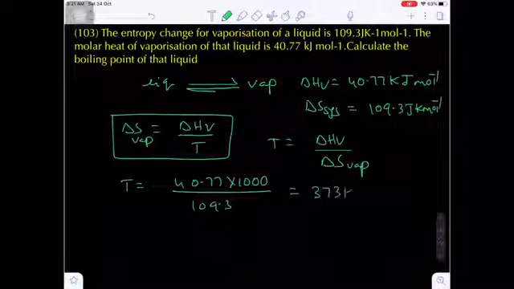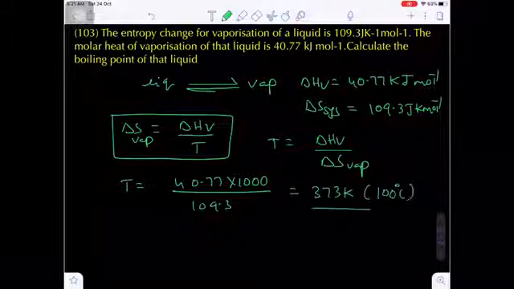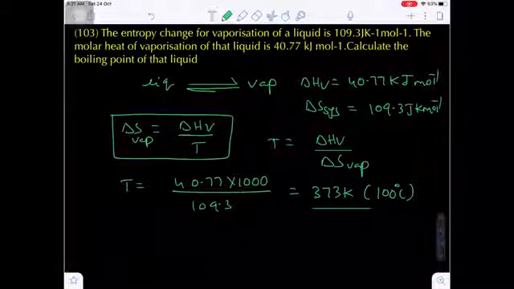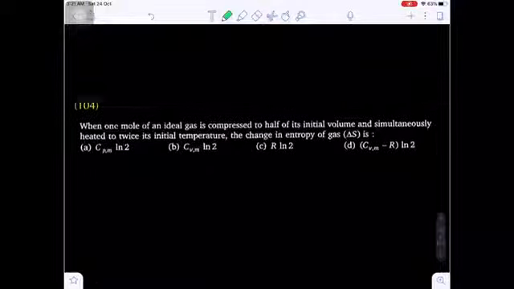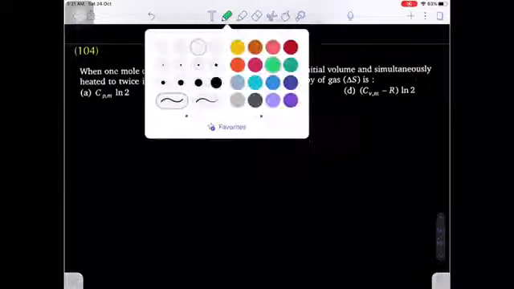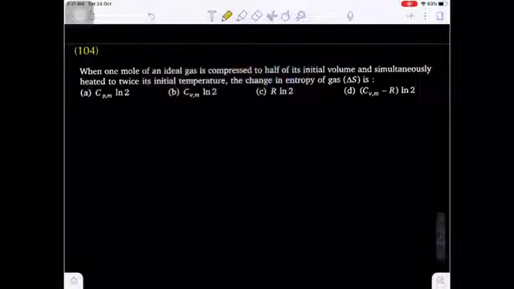Are you getting my point? So this will be 373 Kelvin, otherwise 100 degrees Celsius. Remember, this is which liquid? Water, because the boiling point of water is 100 degrees. Already this question is covered in the phase transition topic. Now question number 104.